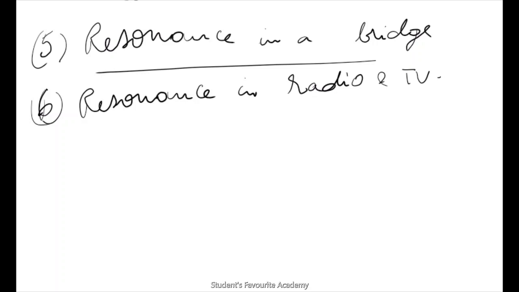Basically, resonance occurs when the natural frequency of the applied vibrating force and the body's natural frequency match. Only then does resonance occur and the body start vibrating with larger amplitude.